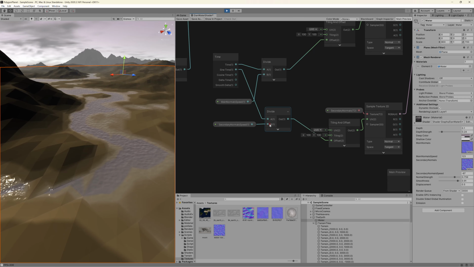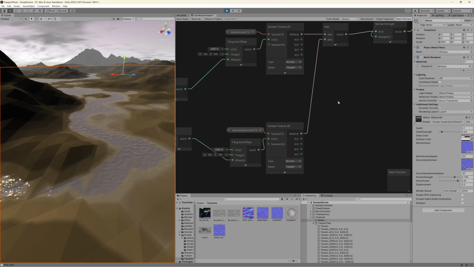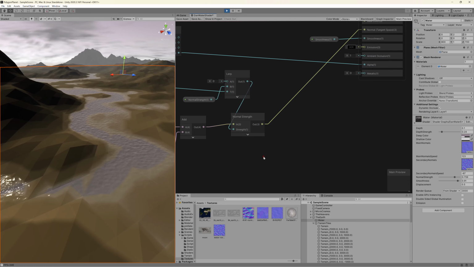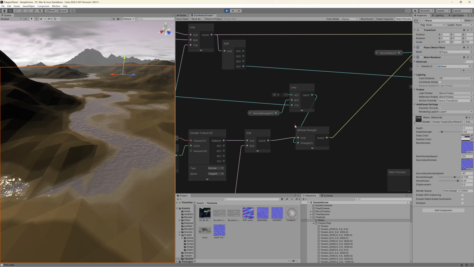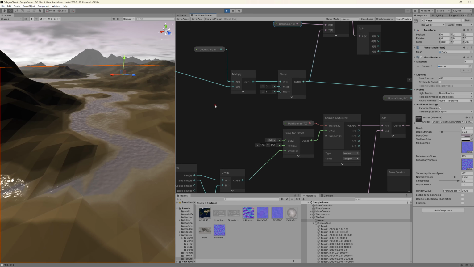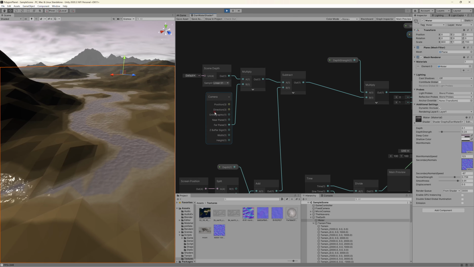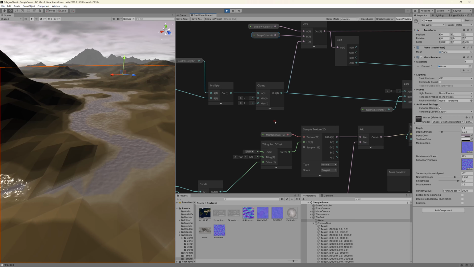So we're going in a different direction to sample this map, and we sample that point, and we add the two normal maps together, and we blend them according to this previous algorithm about the depth.